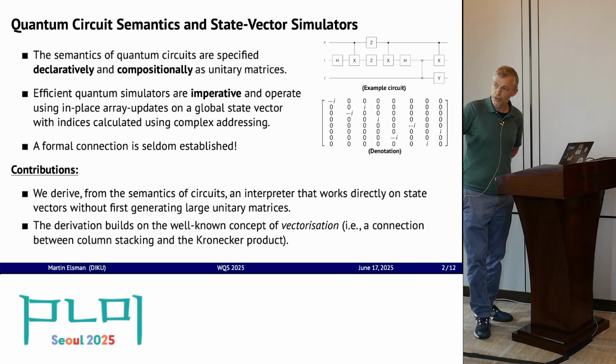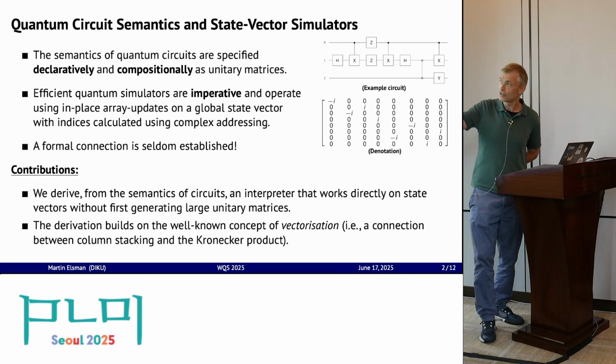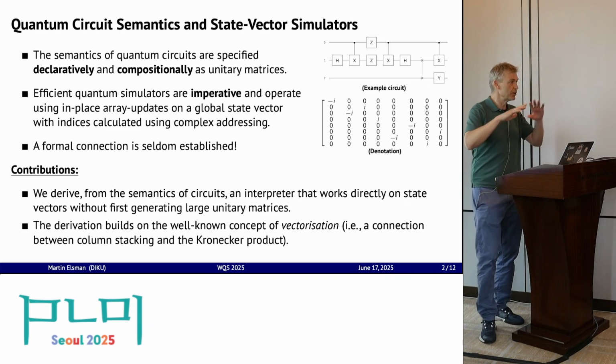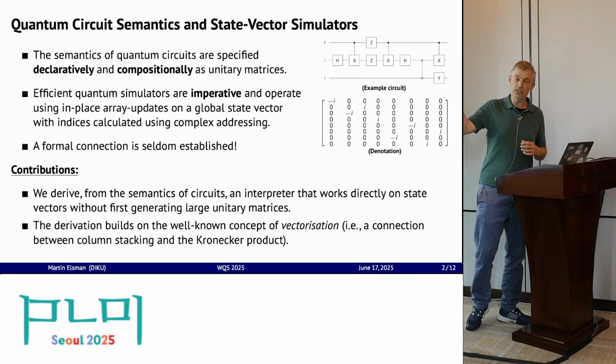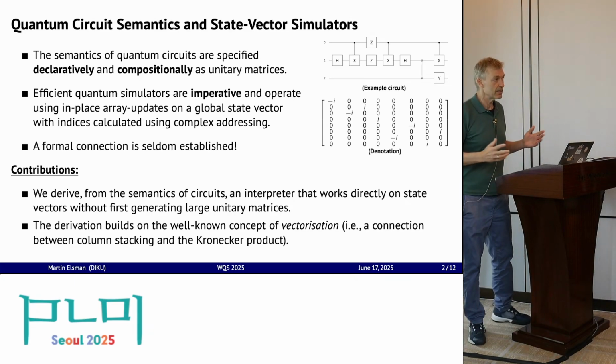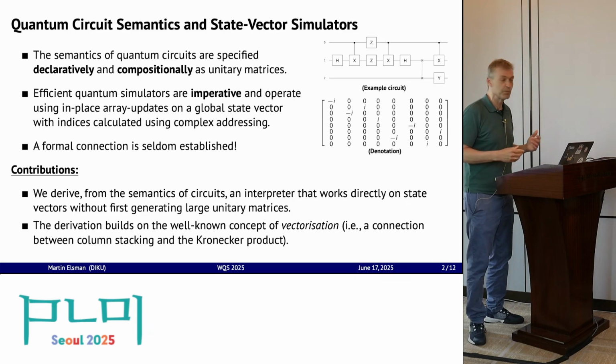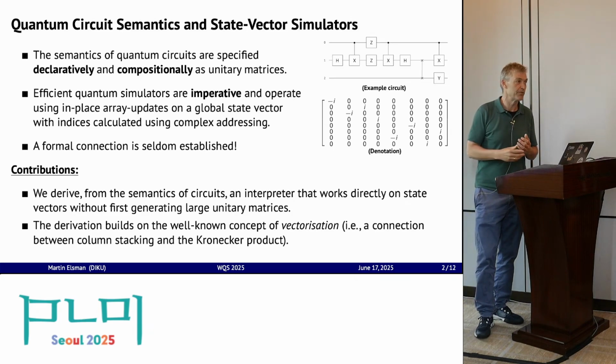So what we will show here is that one thing we could do is, based on the semantics, and that's pretty well known, specify the unitary matrices for such a circuit. We'll come back to that. We can of course generate that huge matrix, and then the effect of applying such a circuit to a state is simply matrix-vector multiplication, and you get the end result.